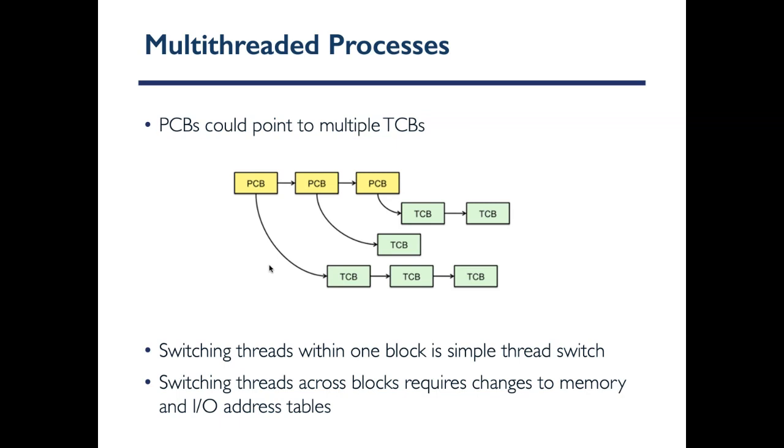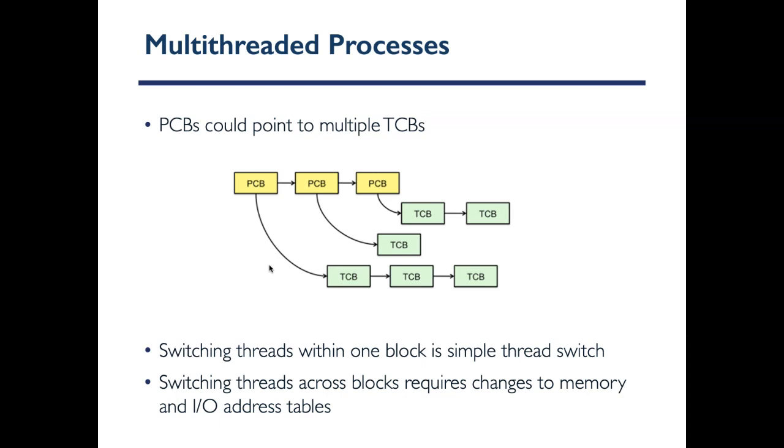So one thing to note is, again, we're going to get into details of this in a few slides, but just to plant the seed here, context switching between threads has less overhead than context switching between processes.